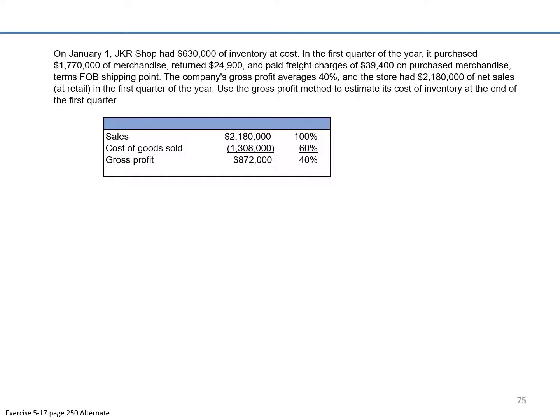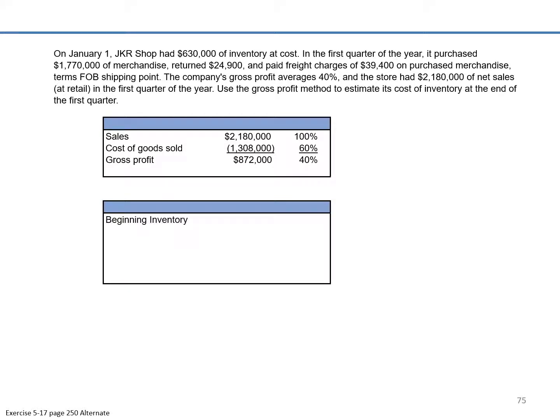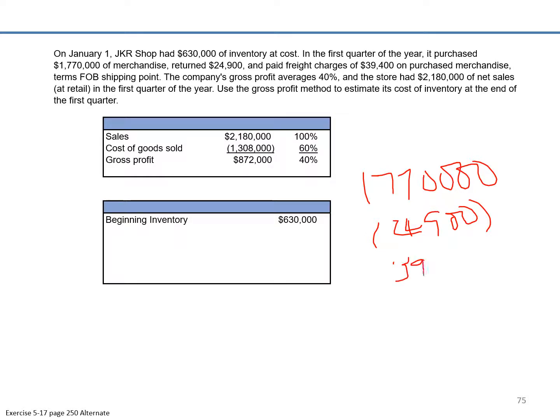And then if we want to estimate the cost of inventory, we know that inventory is equal to beginning inventory plus purchases. So they had beginning inventory of 630,000. Their purchases are 1,770,000 less returns of 24,900 plus freight in of 39,400.